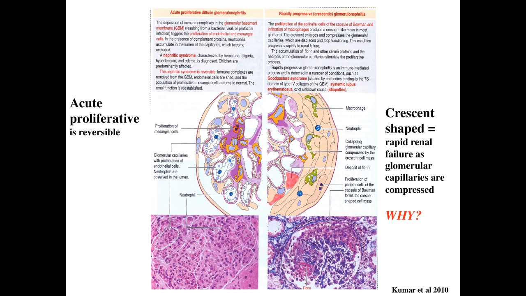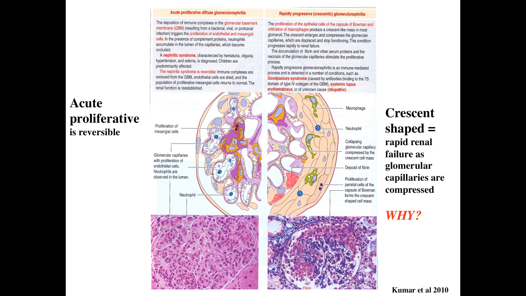On the other hand, rapidly progressive glomerulonephritis is a proliferation of the epithelium, both the epithelium of Bowman's capsule and the endothelial cells that make up the glomerular capillaries. This proliferation of endothelium and the epithelium of Bowman's capsule essentially compresses the glomerular capillaries.